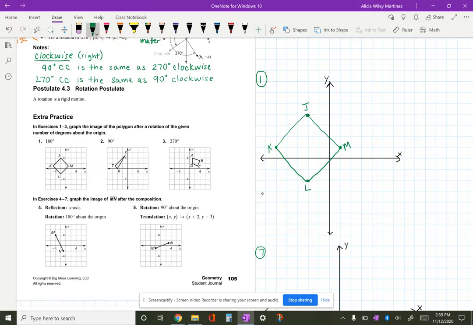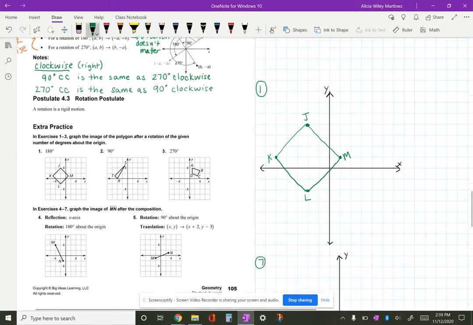So here, number one, it says graph the image of the polygon after a rotation of the given number of degrees about the origin. So it's like our origin is acting as our center. Okay, so we're going to go 180 degrees. It might be kind of hard to visualize where my point is going to end up.